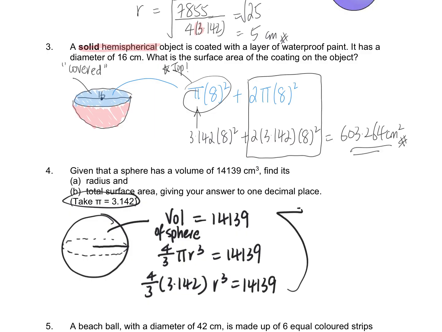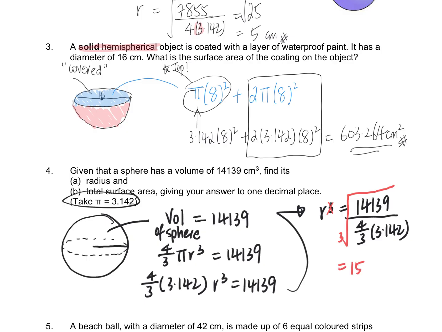So in order to find that, I will use r cubed is 14139 divide by 4/3 and the 3.142. If you want, you can drop the cube and do a cube root straight away. Then you don't have to copy the whole thing one more time. Okay, a very nice 15.